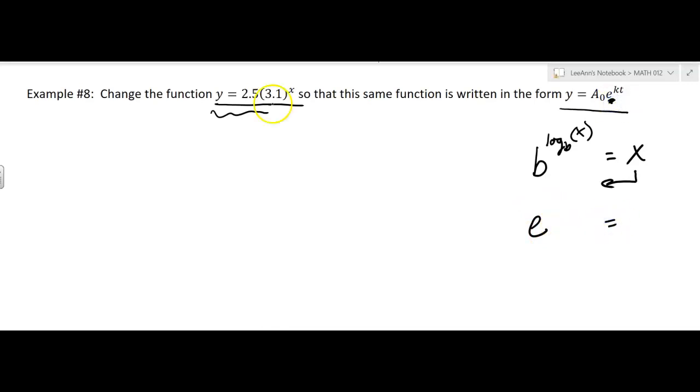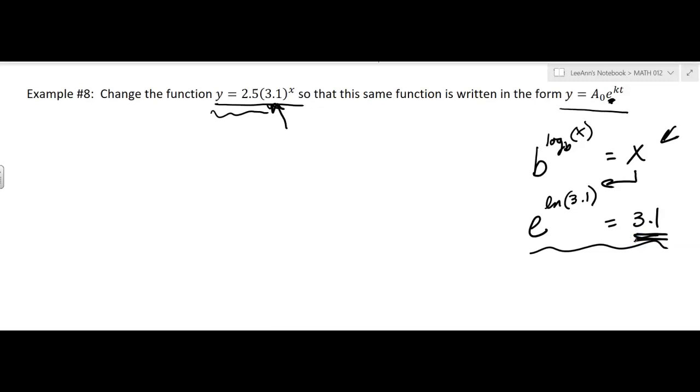But right now, the base that we have is that 3.1. So if x is 3.1 on the right, and I want a base of e on the left, then I need a natural log of 3.1. That if I had this, e to the power of natural log 3.1, that would just equal the 3.1.